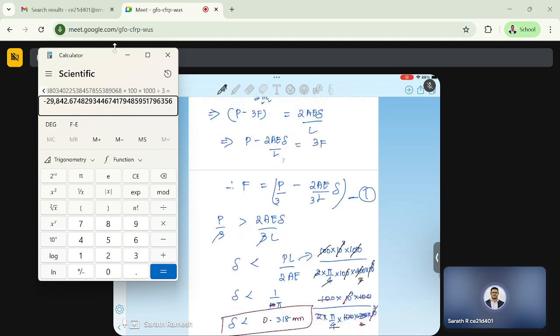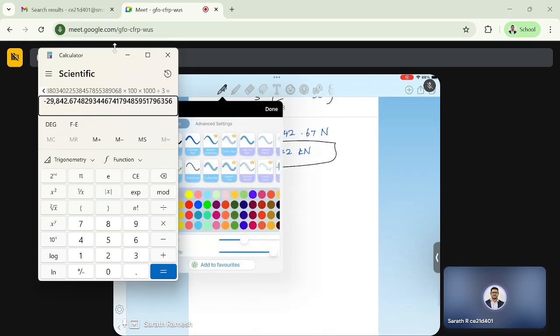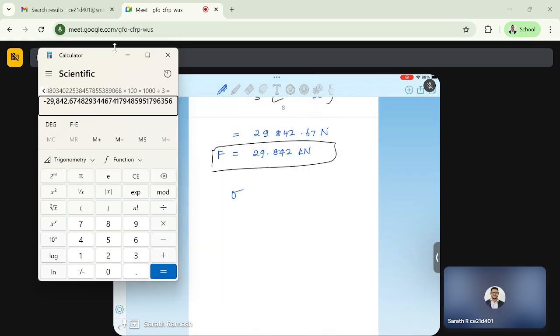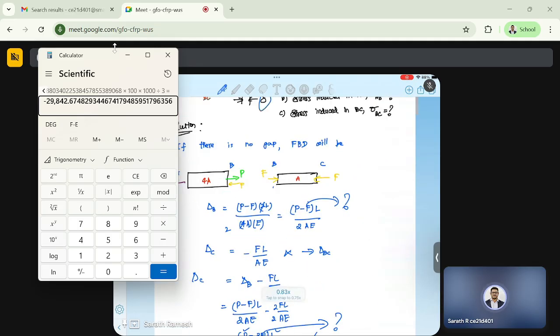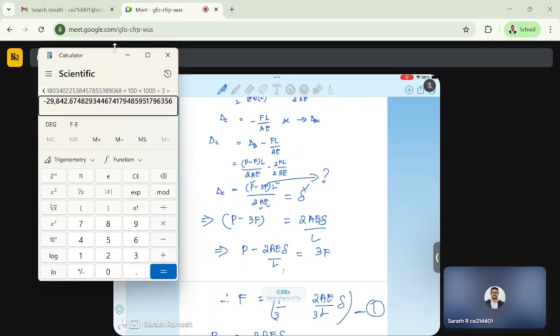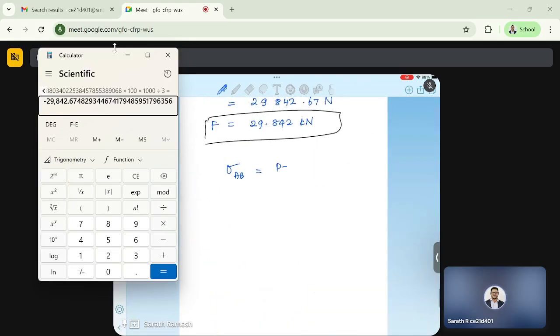Stress in AB is equal to force in AB divided by area of AB. So force in AB is what here? P minus F. So P minus F by 4A. P is, we know, 100 minus 29.842 into 10 power 3 by 4A is 200.